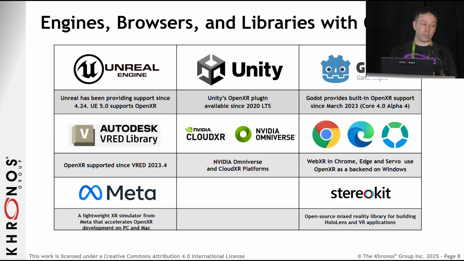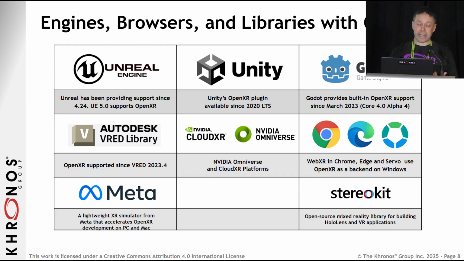Then we have Autodesk, NVIDIA Omniverse, NVIDIA CloudXR, which is NVIDIA's cloud platform, and also the web browsers that are supporting WebXR. Chromium was one of the first adopters of OpenXR, actually.